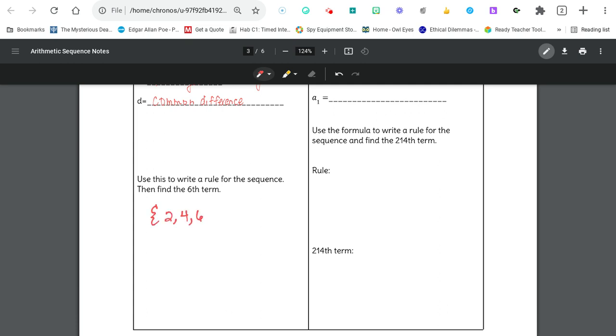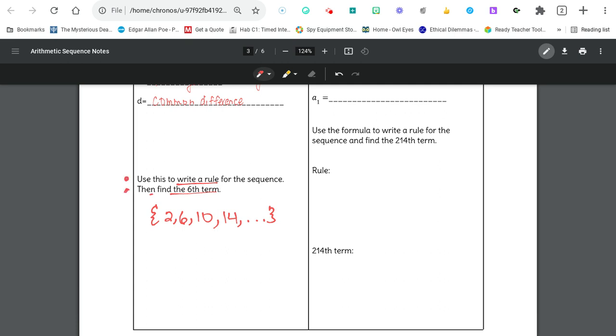That looks better. 2, 6, 10, 14, and we want to find the sixth term. What I want you to do is write a rule for the sequence and then find the sixth term.